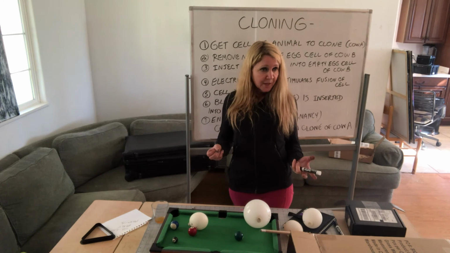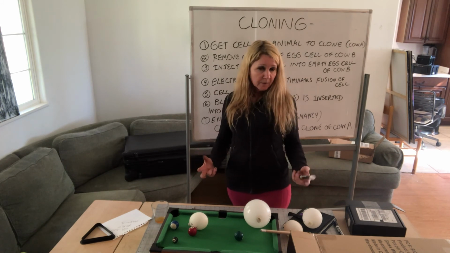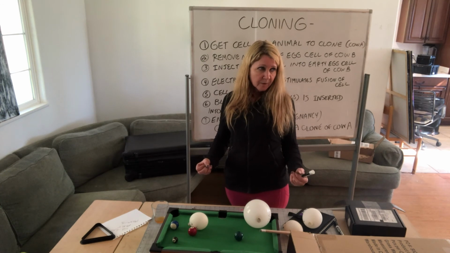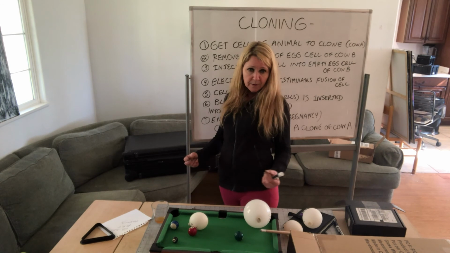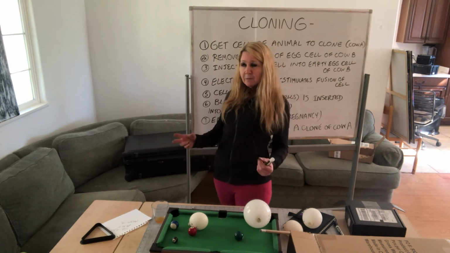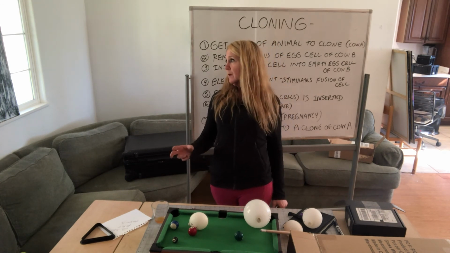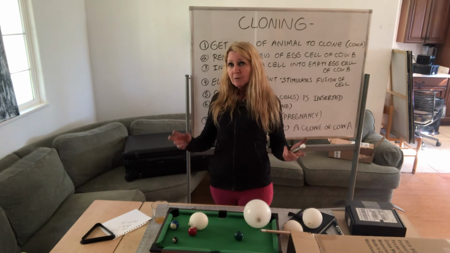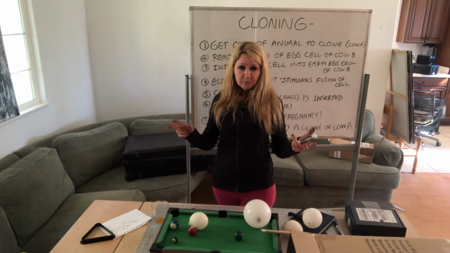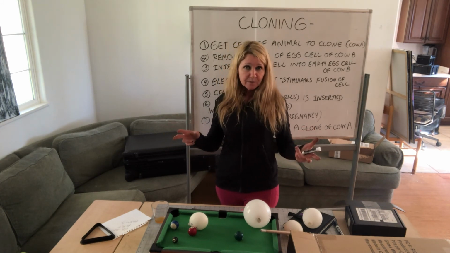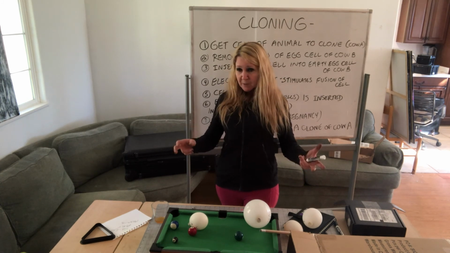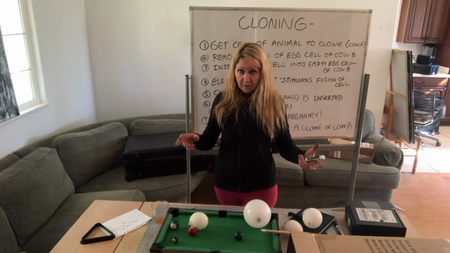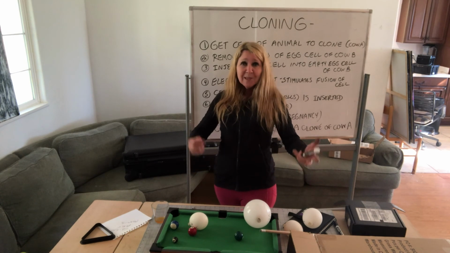And what is the advantage of cloning? Cows are a big contributor to greenhouse gases and climate change because they produce a lot of methane, which is gas really. They have a lot of gas.